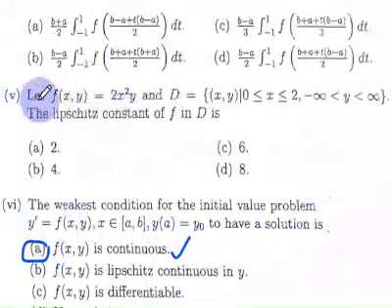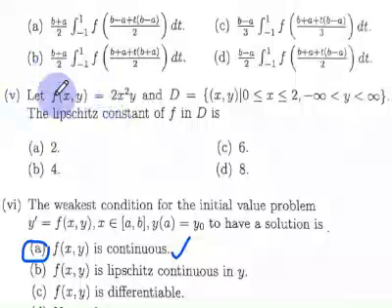And the other one is this question. Let's look at this one. Is f Lipschitz continuous? The function is defined on the domain here, x is bounded by 0 and 2 and y is unbounded. So how do you show this is Lipschitz continuous? It is enough to show the derivative of f with respect to y is bounded over this region.